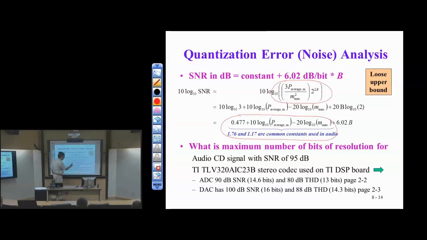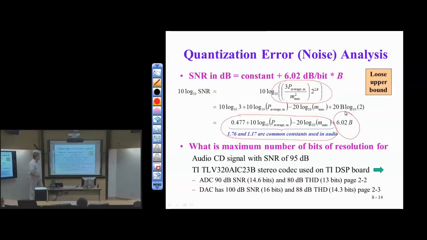M max is a quantizer setting. It could be 3 volts, 5 volts, whatever it happens to be. And the average power of the input signal is application dependent. So there's some constant, and again, this constant could take all kinds of values. In audio, it tends to be between 1 and 2 dB. What matters more, though, is that we get 6 dB per bit.